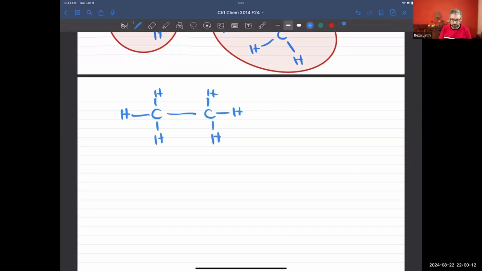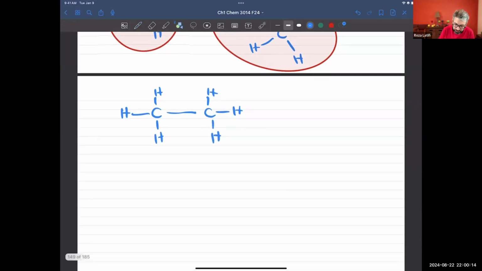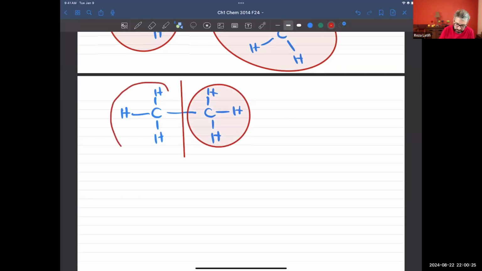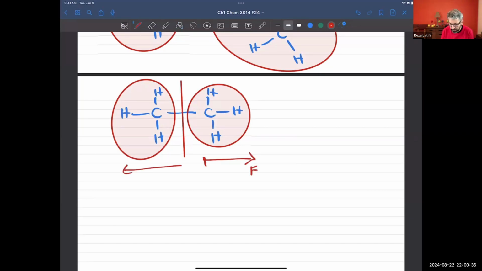Is this one polar or non-polar? How about this: chop the molecule into 2 halves. You put the line here, and you ask yourself, is this piece identical to that piece? If the answer is yes, this one will apply a force, and that force is going to be identical to the second one. So the molecule will be non-polar.